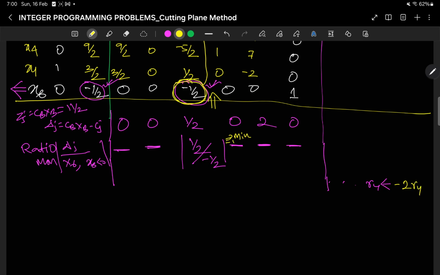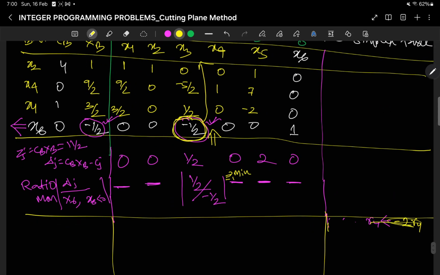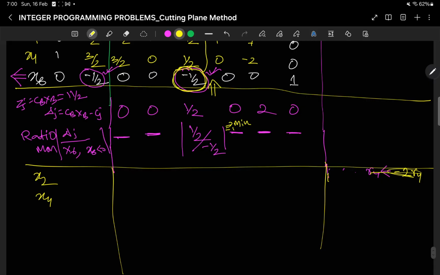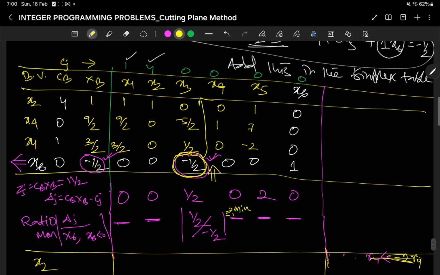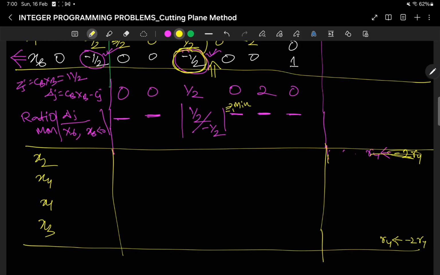In the subsequent table, x6 is replaced by x3. So r4 multiplied by minus 2 becomes 1, 0, 0, 1, 0, 0, and minus 2.